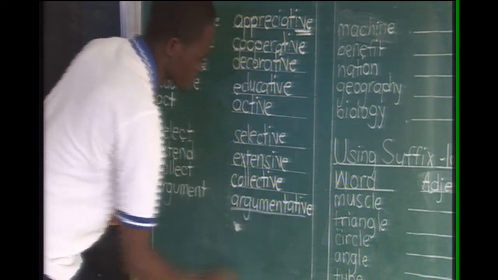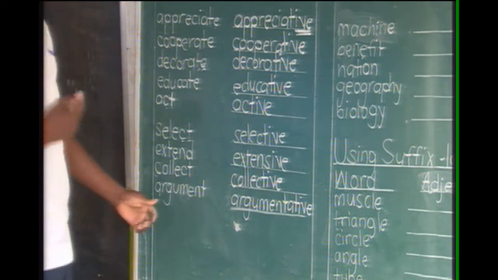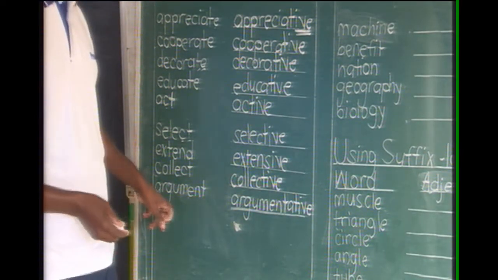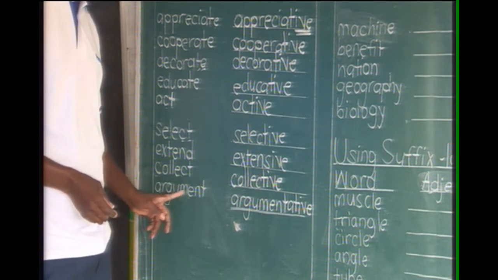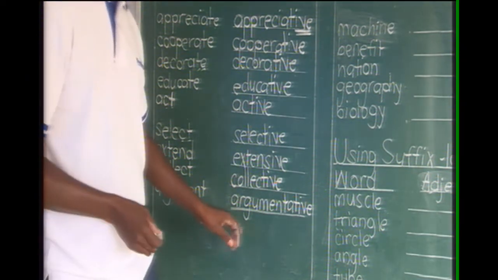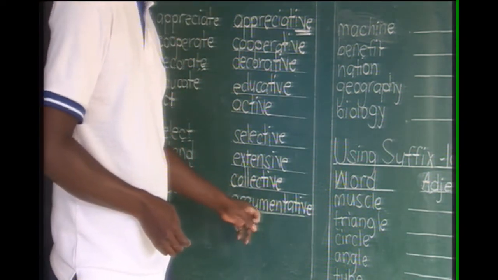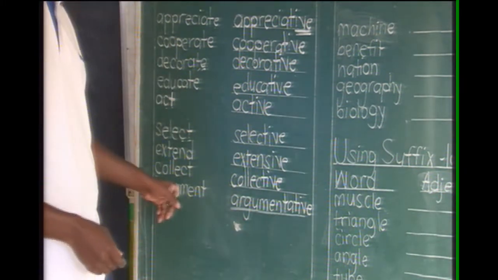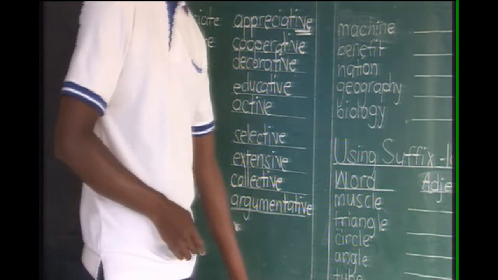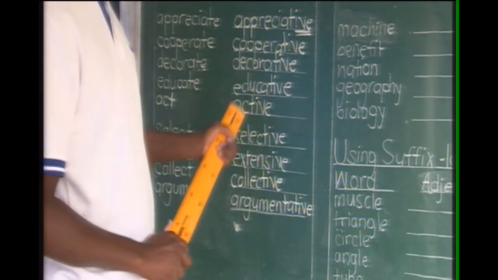Mind the spelling. It comes from argue, which is A-R-G-U-E. When we form the noun argument, we throw in this E between U and M. In the adjective argumentative, the same, it disappears between U and M from argue, argument, argumentative. Yeah, we are done with that suffix IVE.